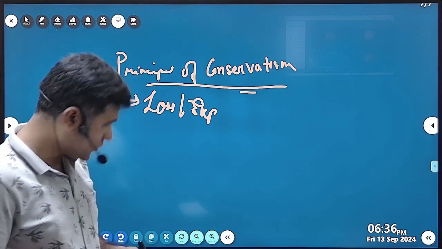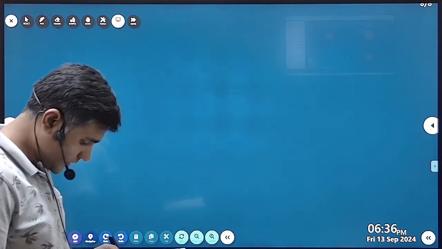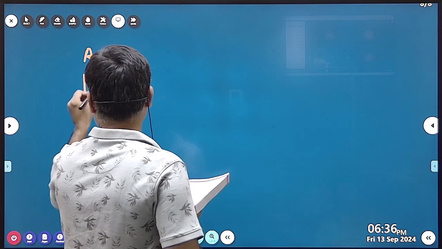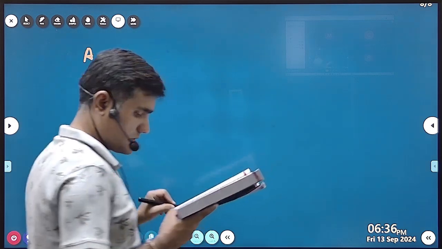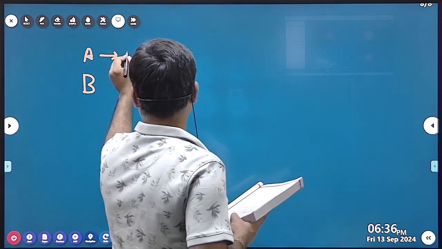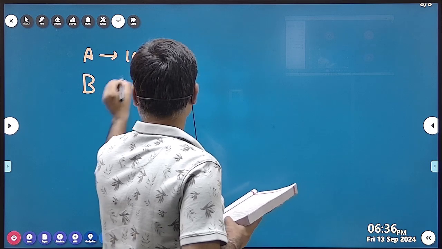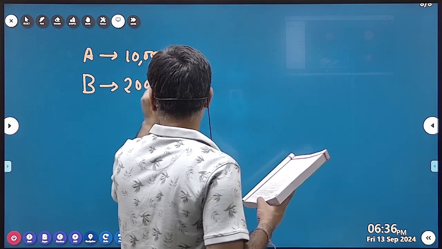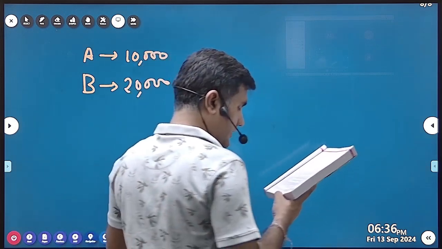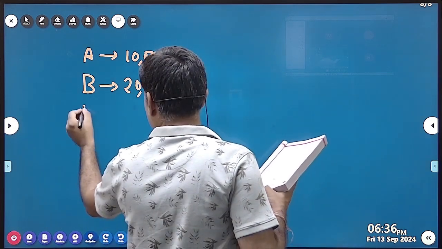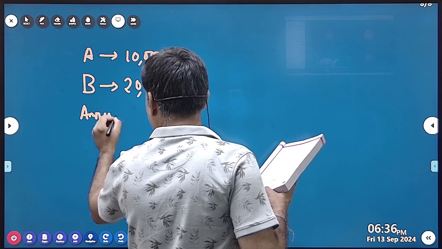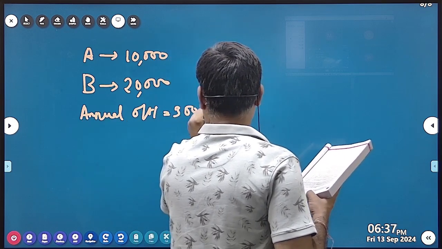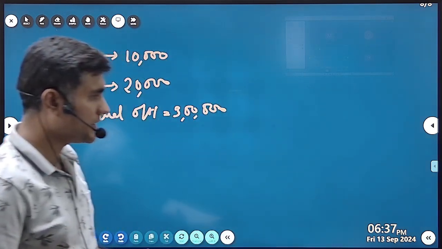We will go to example 2. Company A manufactures two products, product A and product B. Annual output of the two products is 10,000 units of A and 20,000 units of B. Total annual overhead of the company is 3 lakhs.